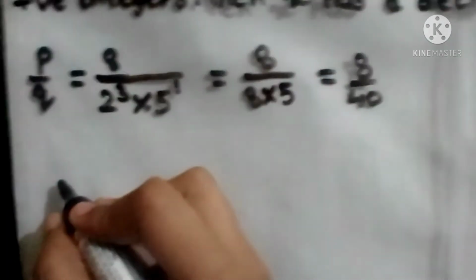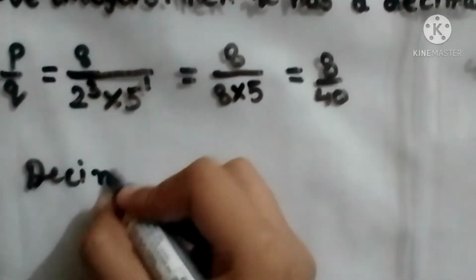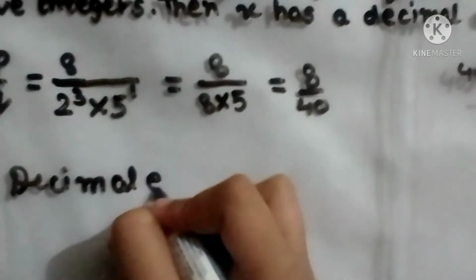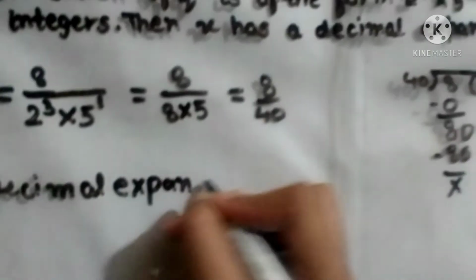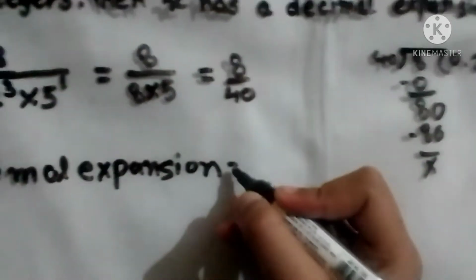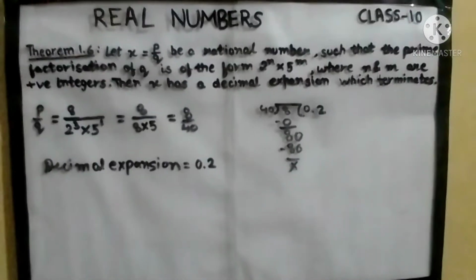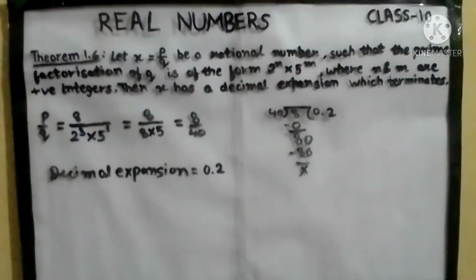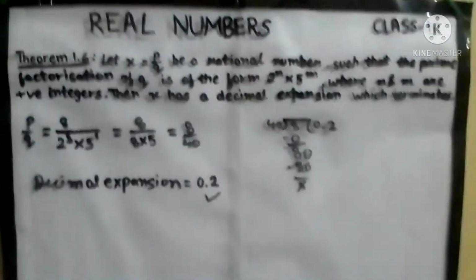So the decimal expansion is equal to 0.2. This is what we had to prove, that it has a decimal expansion that is terminating. So we have got a terminating decimal expansion, that is 0.2.